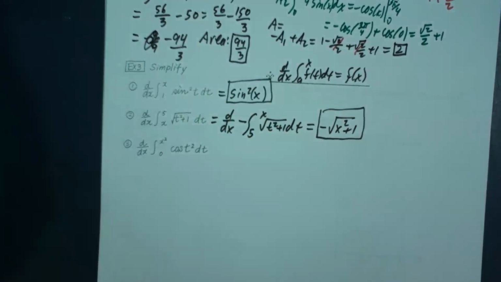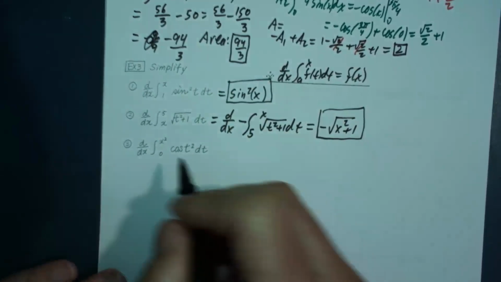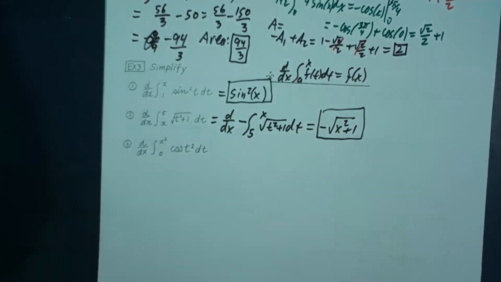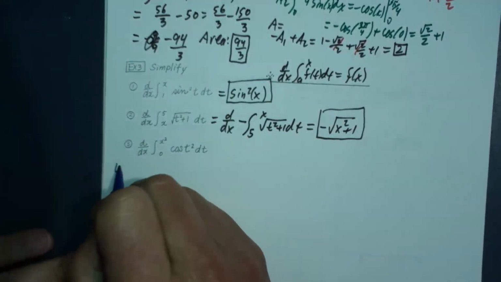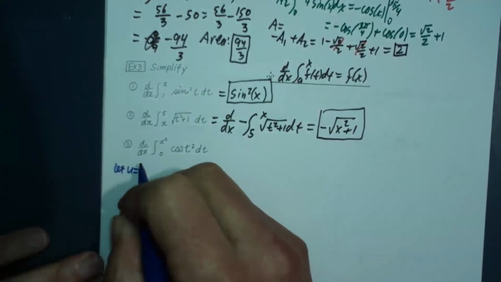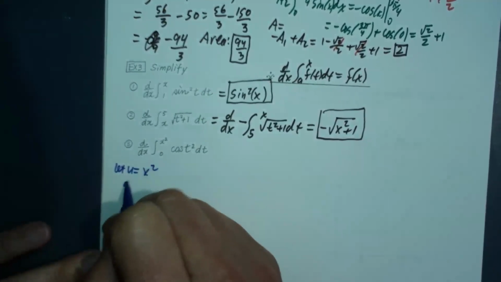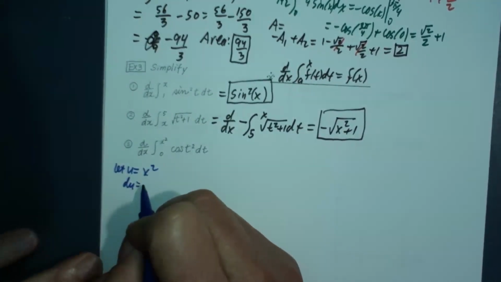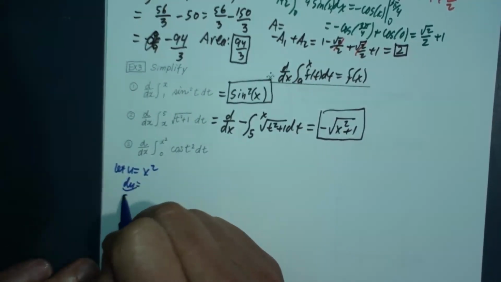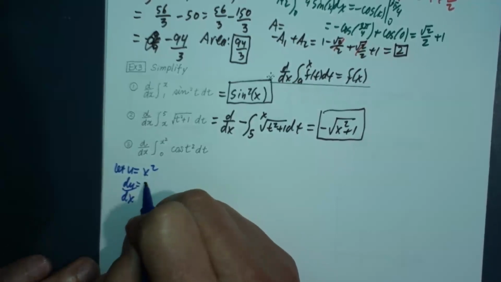And for this next one, we are going to do a substitution. So I'm going to let u equal x squared, which means du over dx is 2x.